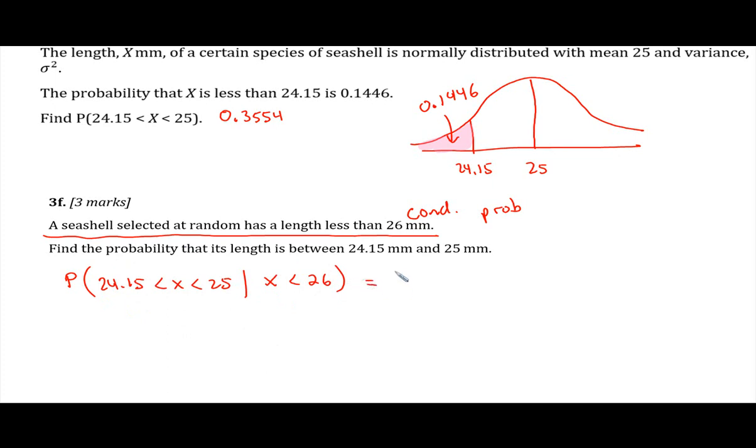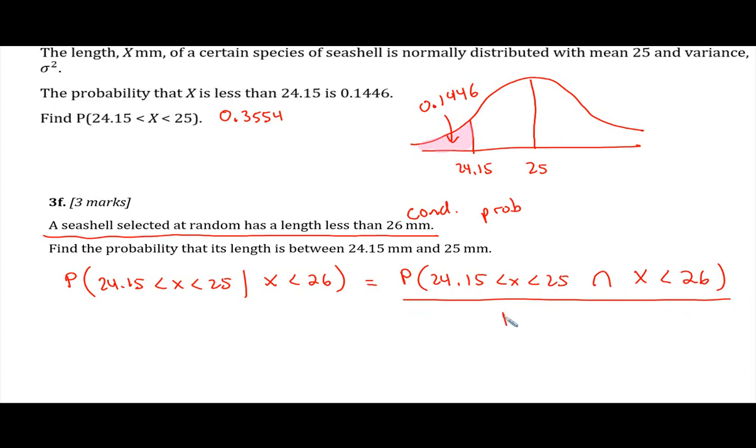To calculate this, it's going to be the probability of being between 24.15 and 25, intersect with the probability of being less than 26, divided by the probability that x is less than 26. Now let's think about this.